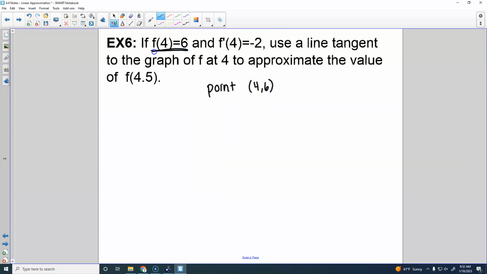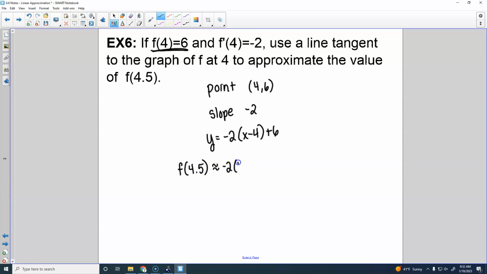So 4, 6, your point comes from finding f of 4. Then you need your slope. Hallie, what's our slope? Negative 2. You wouldn't necessarily have to write this out because it's given to you. So your tangent line is going to be y equals negative 2 times x minus 4 plus 6. And then for your approximation, f of 4.5 ≈ negative 2 times 4.5 minus 4, plus 6, because it does not equal this exactly.